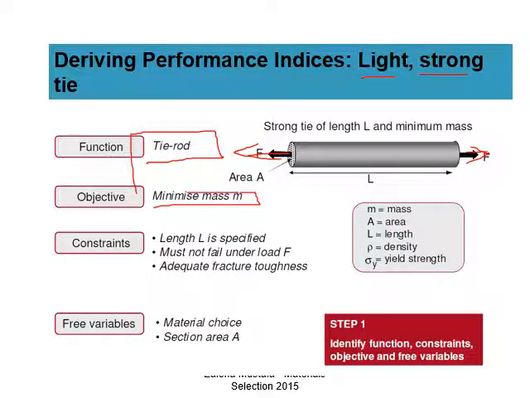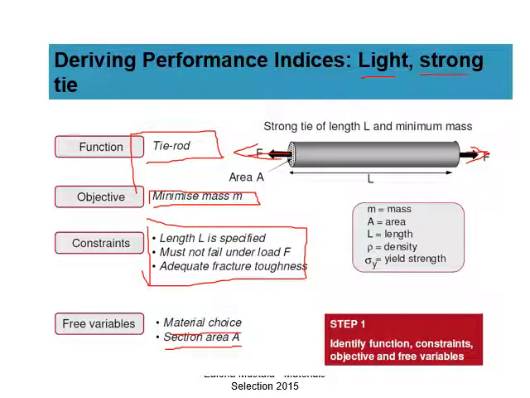The objective is to minimize M, and the constraints are that length L is specified, it must not fail under load F, and adequate fracture toughness. The free variables are the material choice and section area A.